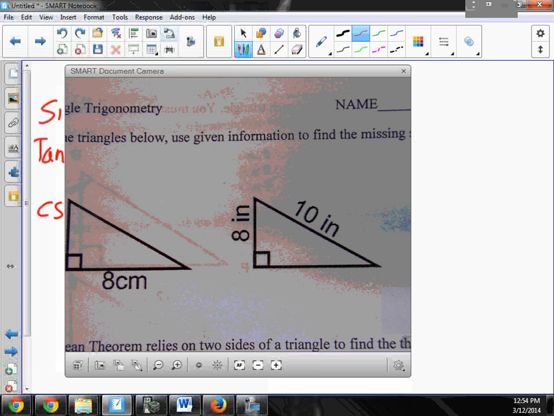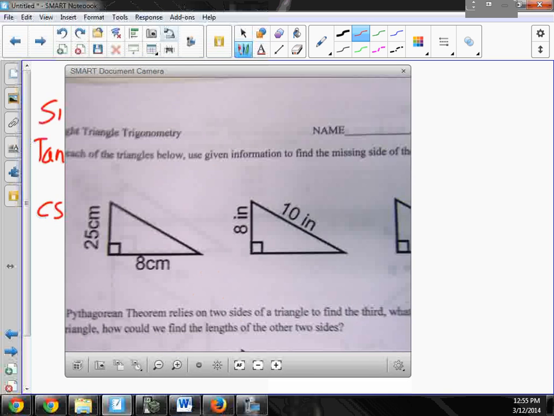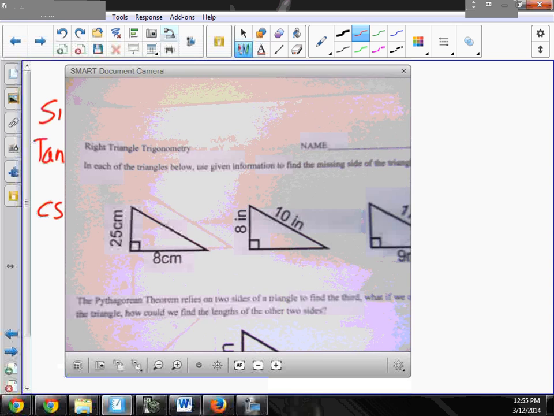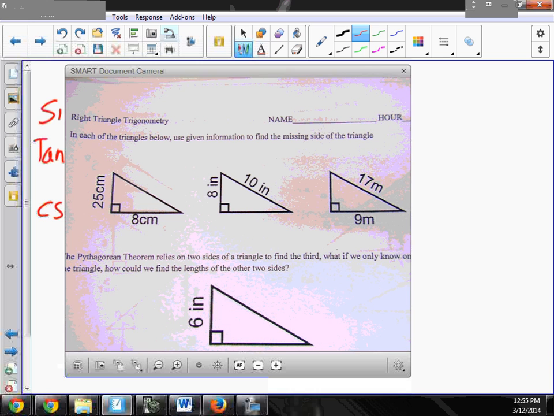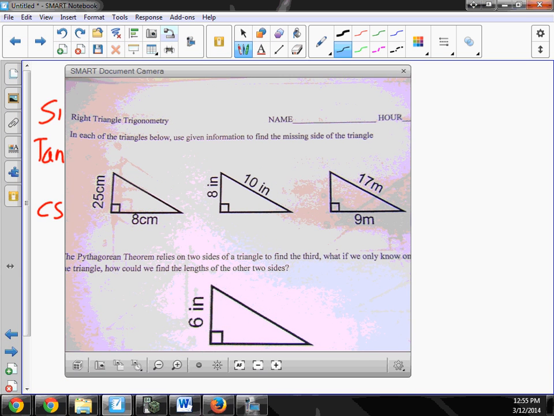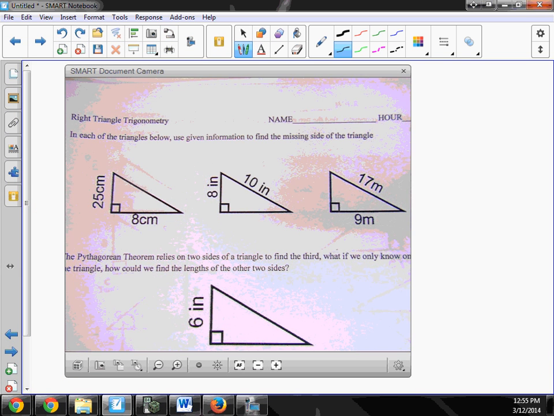Now we're on the single page. Okay. So we're going to review really quickly the Pythagorean theorem, and then we'll use trig to do some solving. So according to the Pythagorean theorem in this first problem, what letter am I missing?